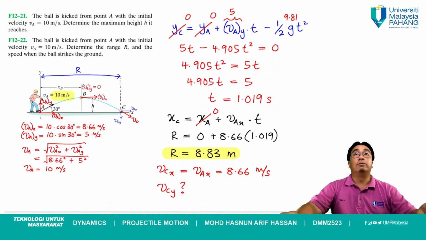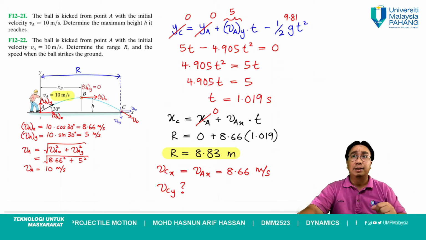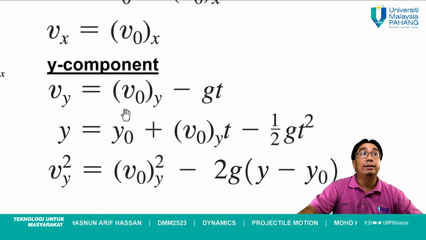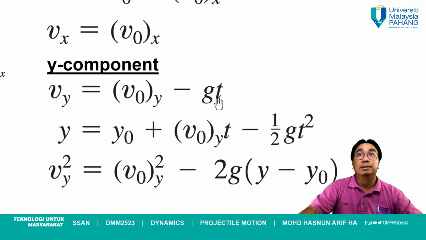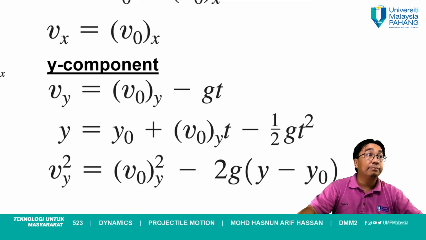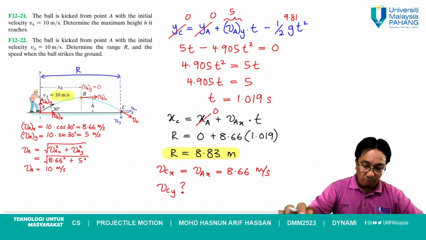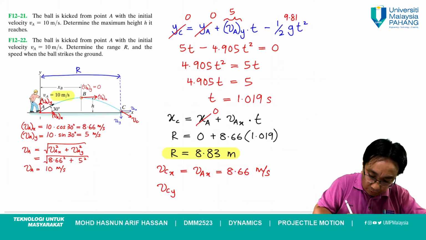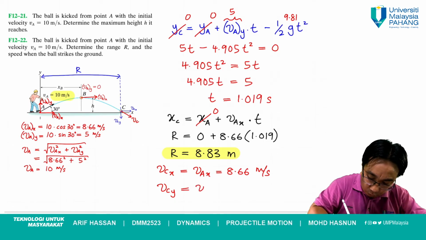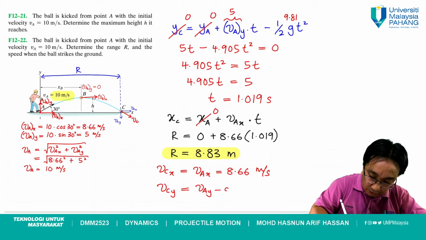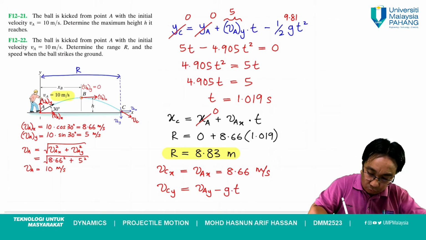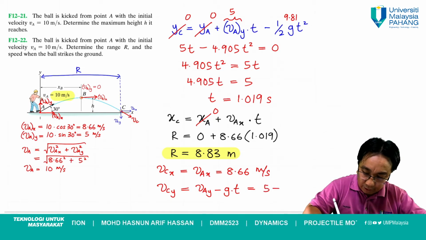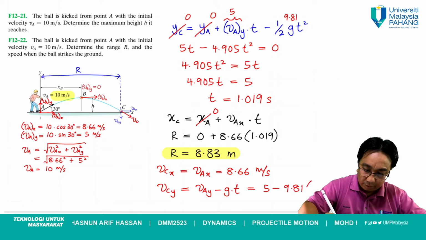Okay, so VCY according to the equation that we have is this. VCY is V0Y minus GT. Okay, so then V0Y minus GT, so let me erase this. This will be equal to VAY minus G times T, which is equal to VAY is 5 minus 9.81 times 1.019.